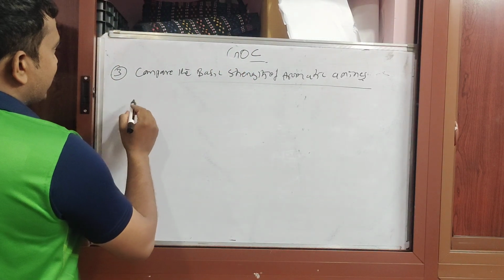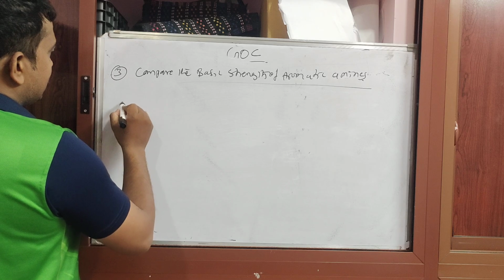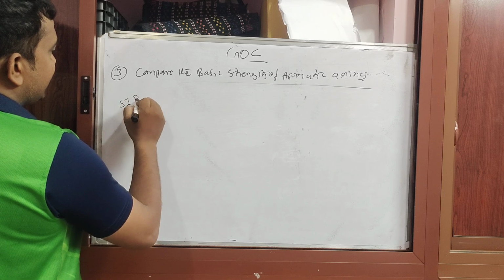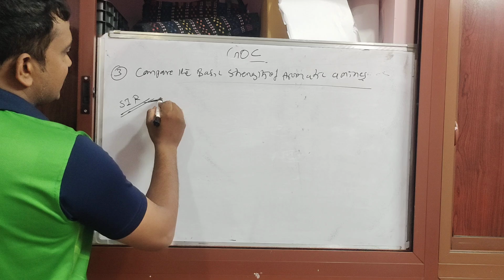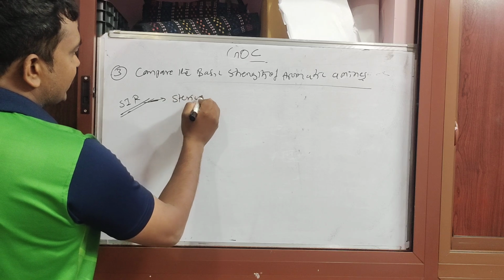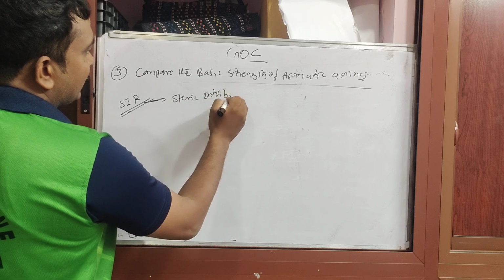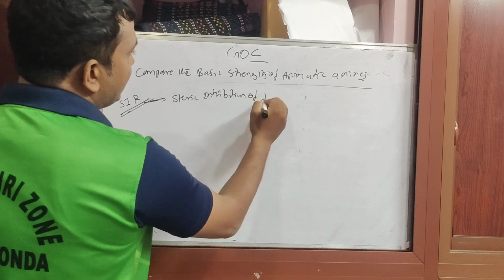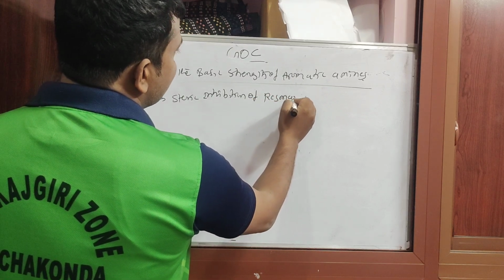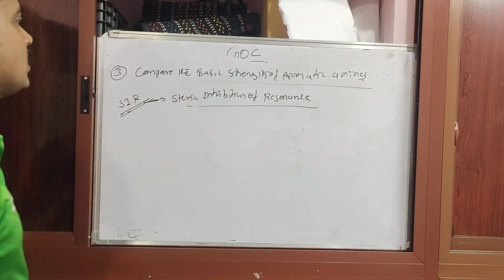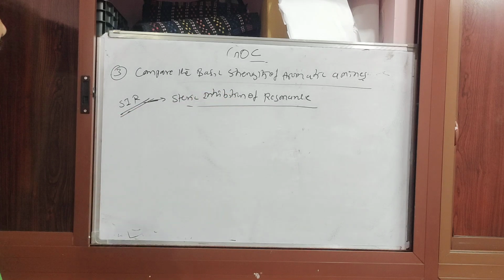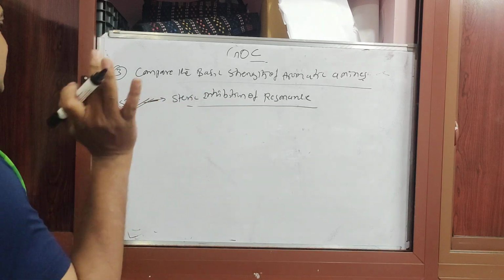What are aromatic amines? The concept is called steric inhibition of resonance, SIR. What is steric inhibition of resonance? How do we compare the basic strength of the aromatic amines? This is one of the important concepts.